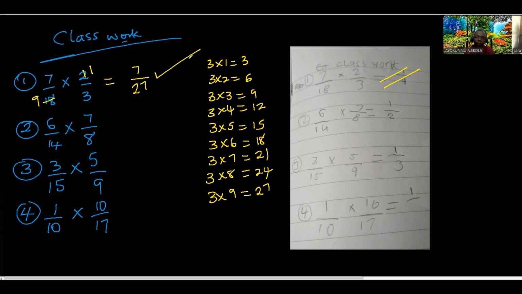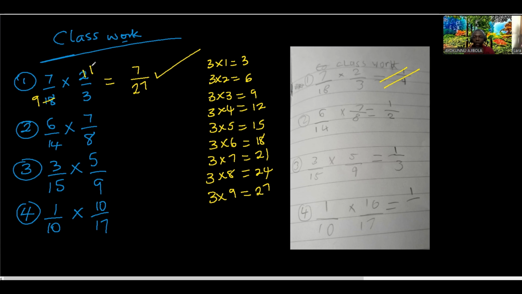A bit. Explain again to me how I arrive at 7 over 27. Please focus on the screen and explain. So you look for the numbers that are in the same times table, and then you divide them. I use 2 to divide 2 and 18, okay?